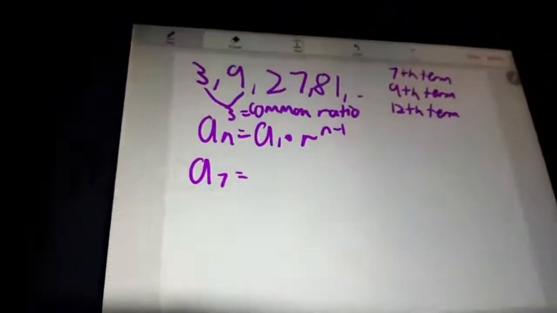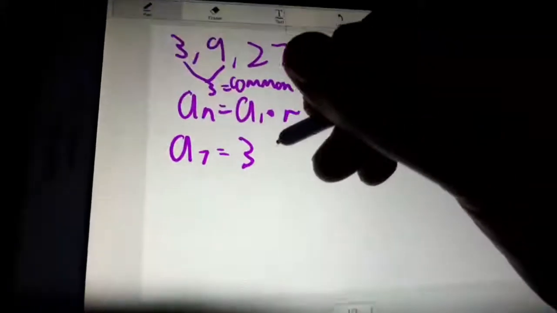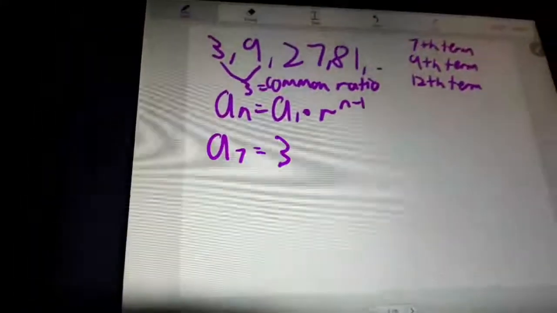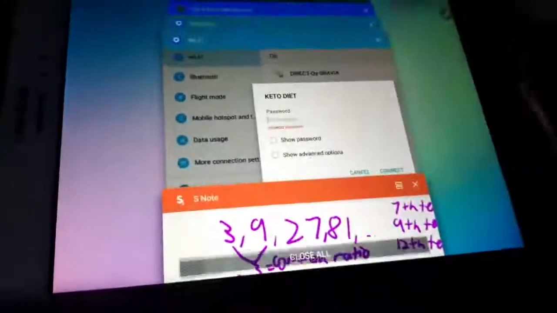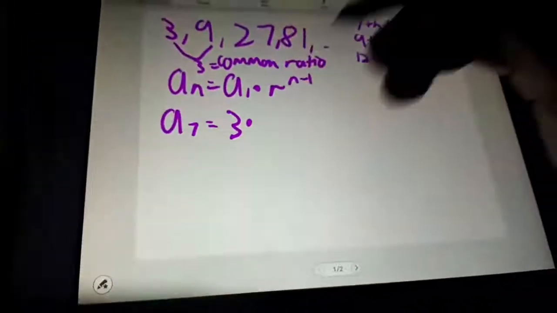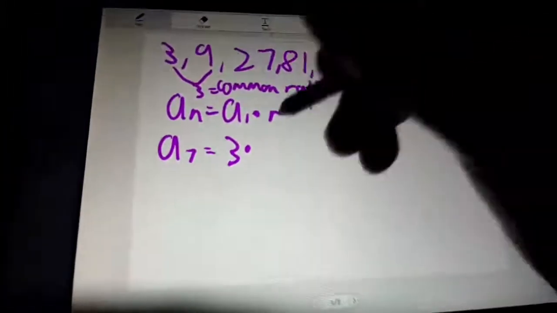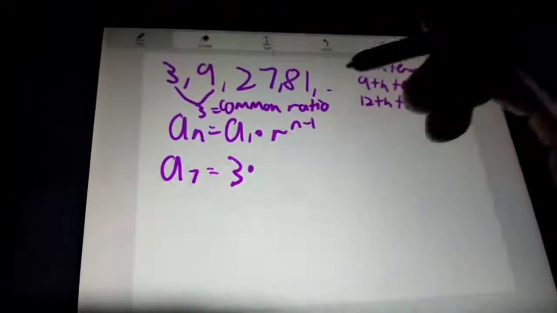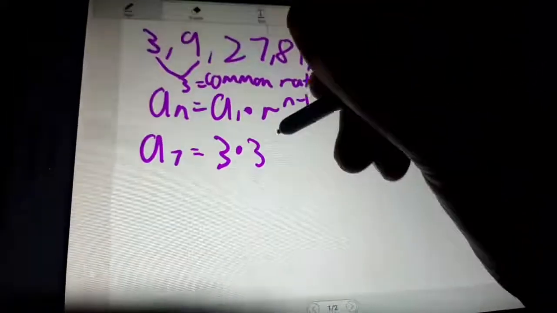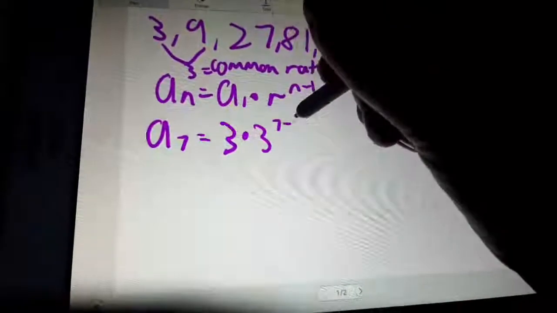So, solve po dito. Start with the 7th term. A sub 7 equals a sub 1, which is 3, then times r, which is 3, and then raised to 7 minus 1.